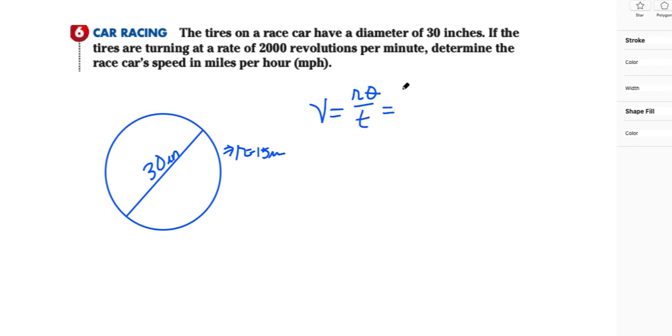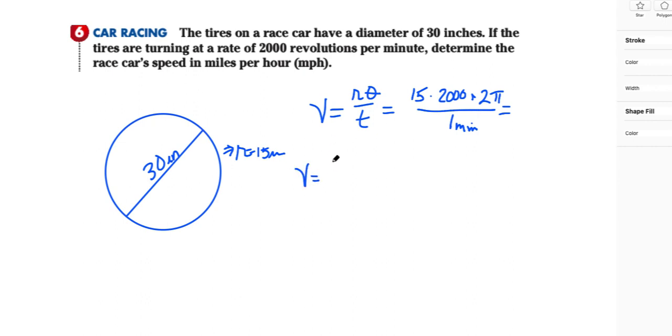So if we start off with the 15 times theta, theta being not just the 2,000 revolutions, but 2,000 revolutions multiplied by 2 pi, so we get the angular displacement, and then we're going to divide that by how long it takes for that to happen. They want to know miles per hour, so I'm going to leave it in minutes for now. I'm going to put this in here as 1 minute.